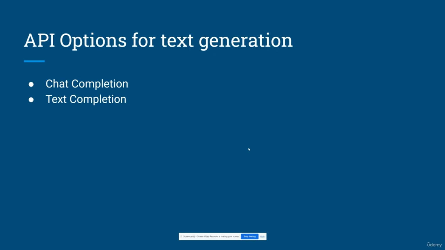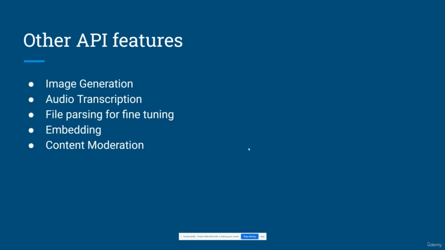And then another one that is text completion, which is a zero-shot prompting technique, which, given a prompt, gets a response from the LLM. And other API features that aren't covered are image generation, audio transcription, file parsing for fine-tuning, embedding, and content moderation.